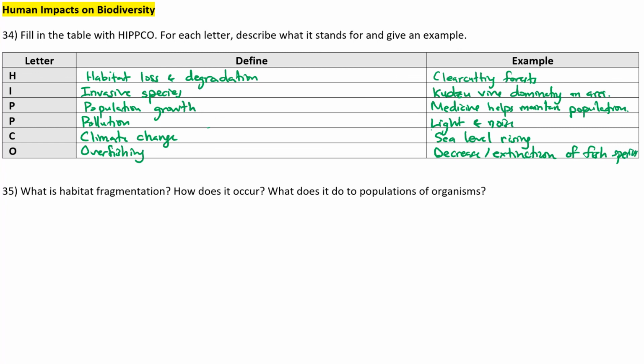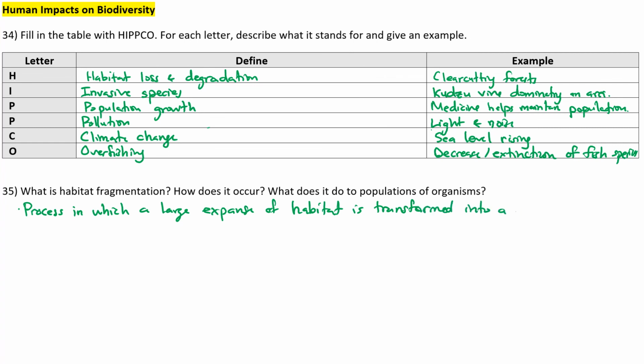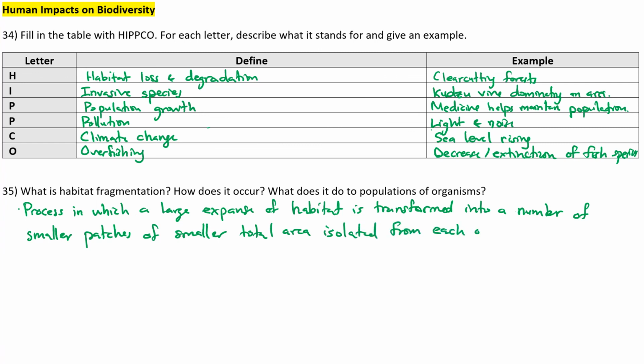What is habitat fragmentation? So it is the process in which a large expanse of habitat is transferred or transformed into a number of smaller patches of smaller total area, isolated from each other.